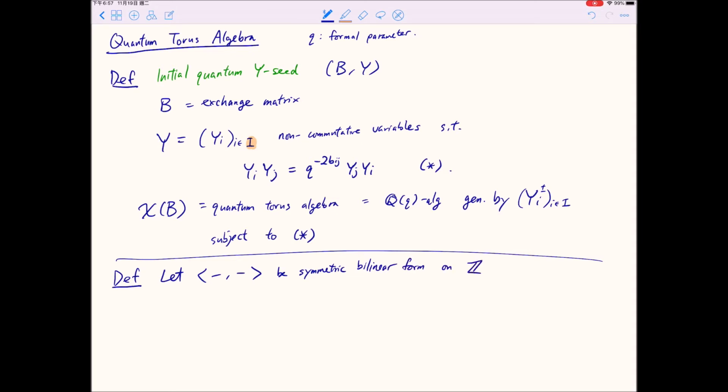This will be defined on an integer lattice, defined by our matrix, so that for two vectors, first of all, it is skew symmetric, and defined by taking the matrix times transpose. Or in other words, if you have two standard basis vectors, then the pairing between them is just the matrix entry.